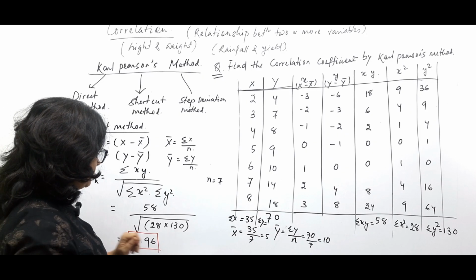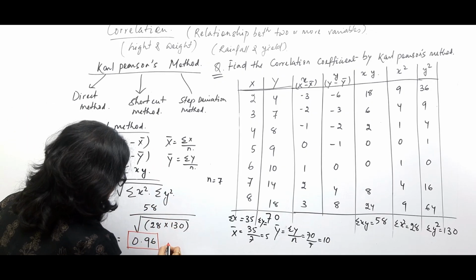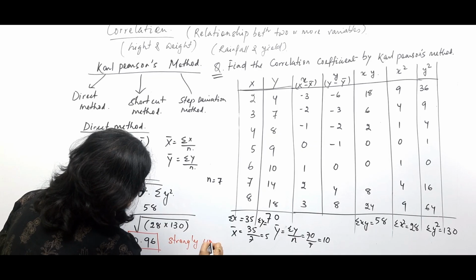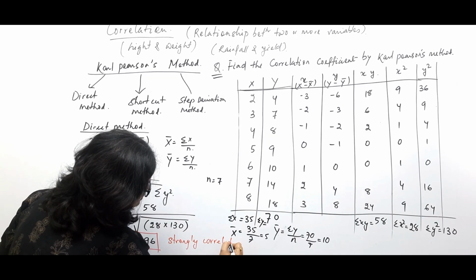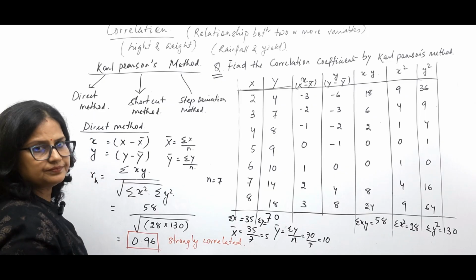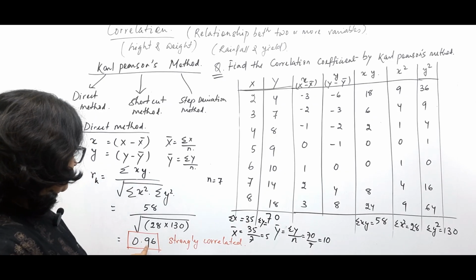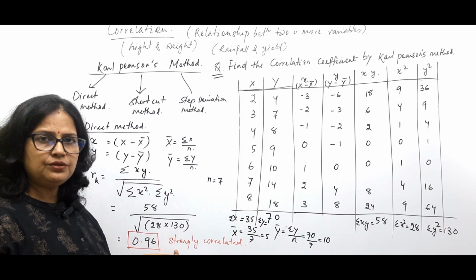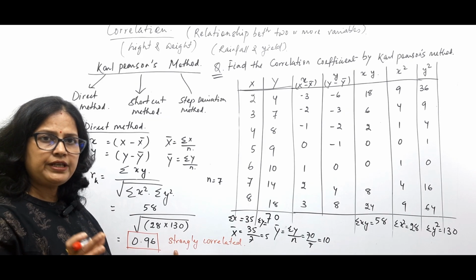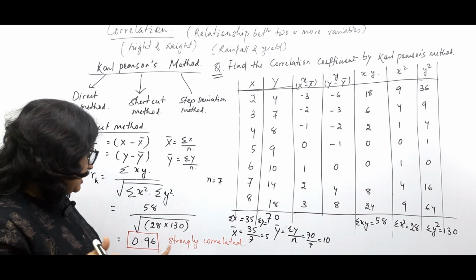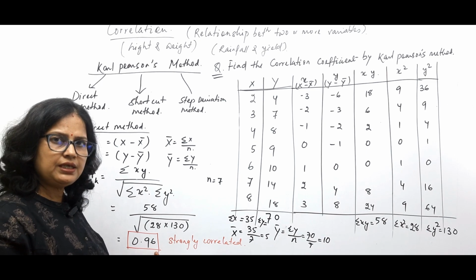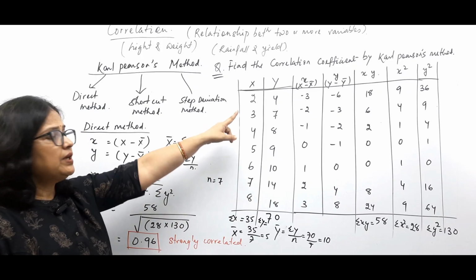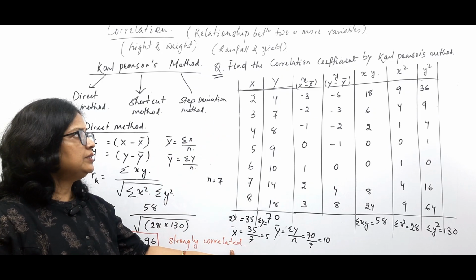We can write that these two variables are strongly correlated. As it is a positive value and close to 1, and we know positive correlation varies from 0 to 1, we can say these two variables x and y are very strongly correlated.